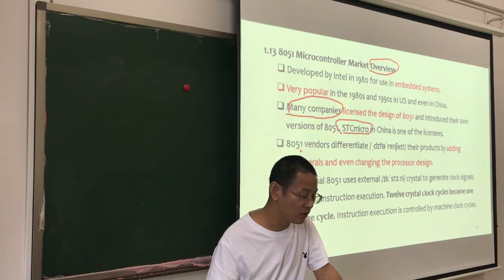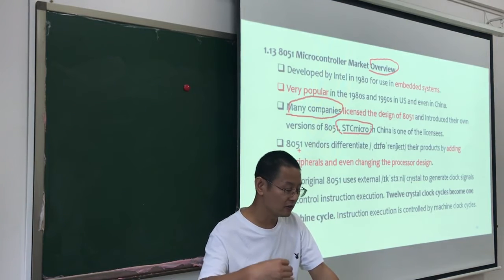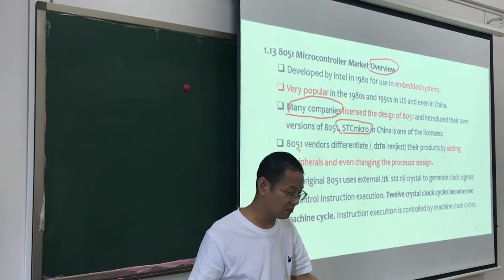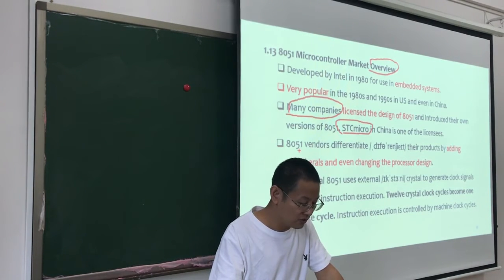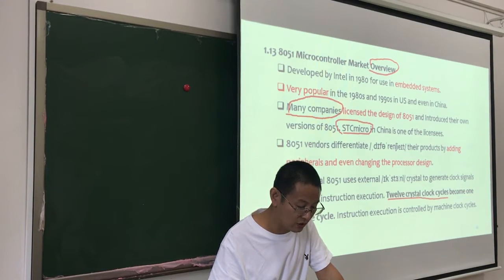The 8051 variants integrate many peripherals into the microcontroller. The original 8051 uses an external crystal to generate clock signals to control instruction execution. 12 crystal clock cycles become one machine cycle.